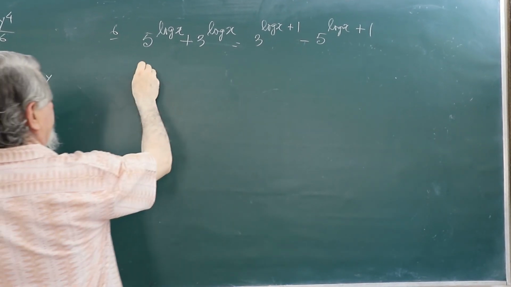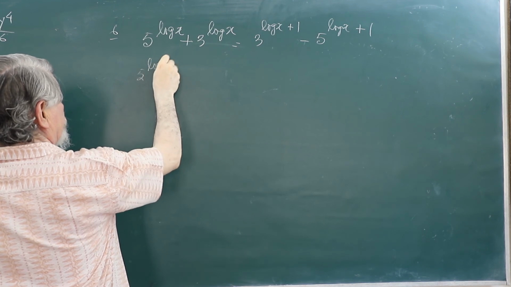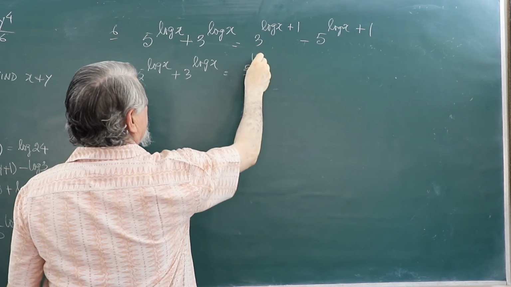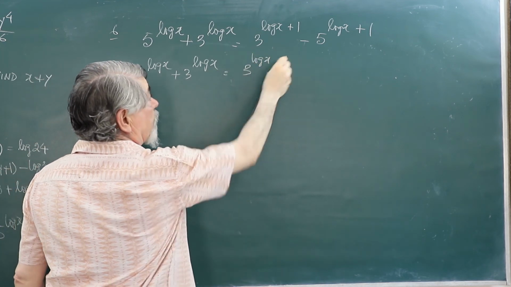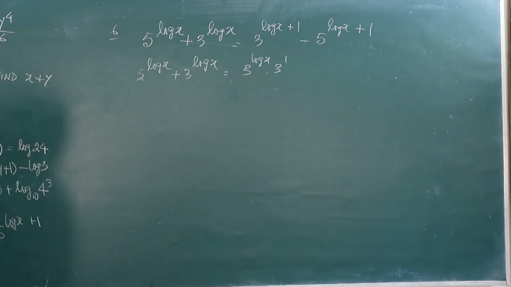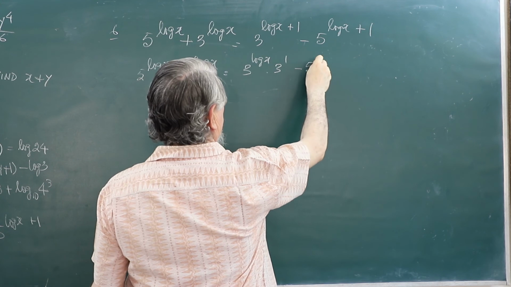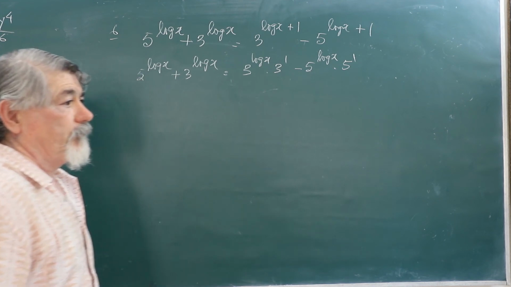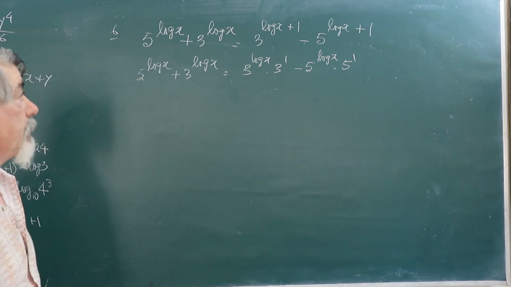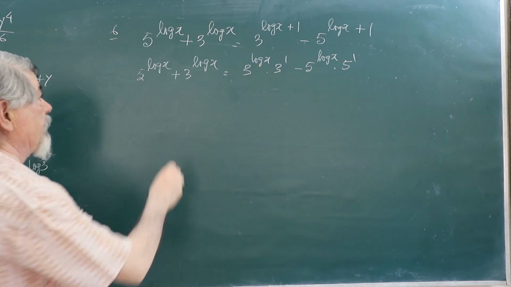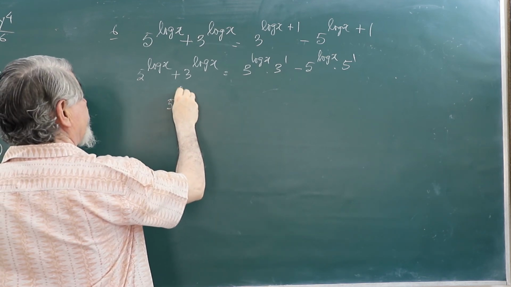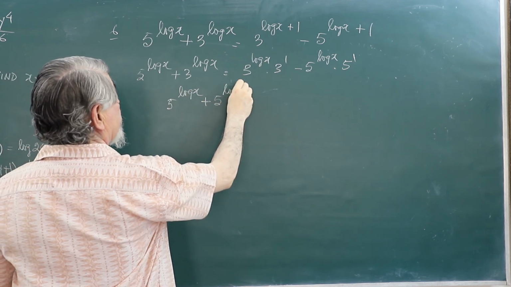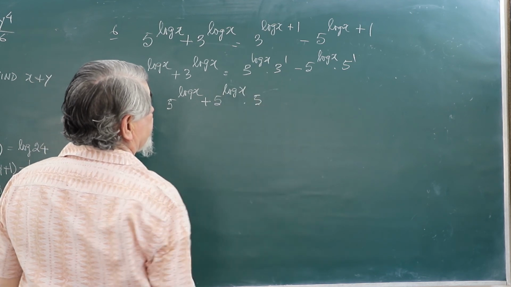So what we do is 5^(log x) + 3^(log x) = 3^(log x) · 3^1 − 5^(log x) · 5^1. We have broken up the powers. Bring the 5^(log x) terms to one side: 5^(log x) plus 5 · 5^(log x).